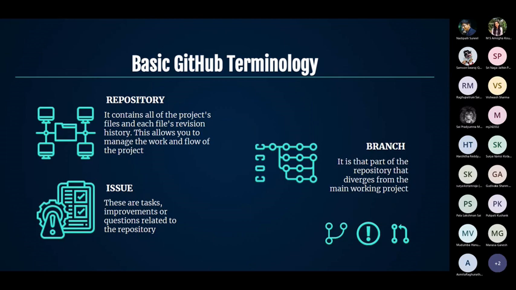So your project will have multiple files, multiple code files. It could be code files, it could be text files, any files. So all those files have to be stored at one particular place. Now that is known as a repository. And a branch, like we just mentioned, is a part of that repository that diverges from the main working project. So if multiple people are working on the same code file, multiple people are working on the same text file, then they can create different branches, work on it separately, and then merge it all to make a final version.